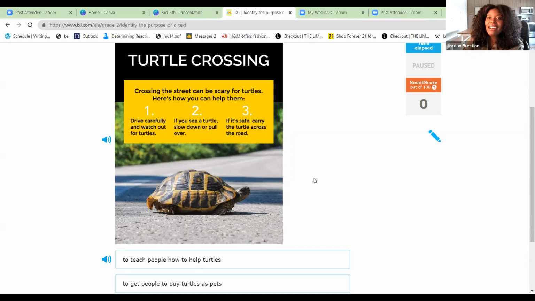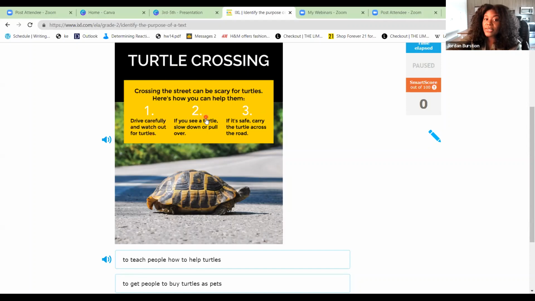So at the top, the title says, let me get my little highlighter. So it says turtle crossing. Crossing the street can be scary for turtles. Here's how you can help them. First, drive carefully and watch out for turtles.